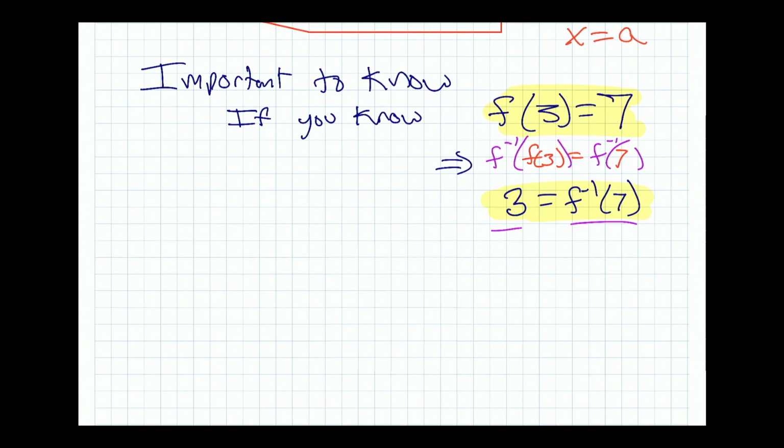All right, with that in mind, how could we use it? Well, like this, right? Example. Let's just say let f of x equal sine x. Okay.